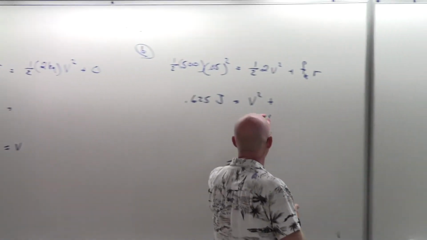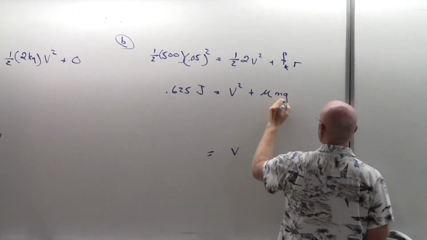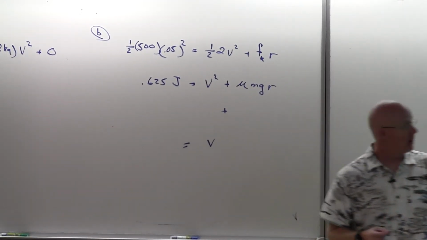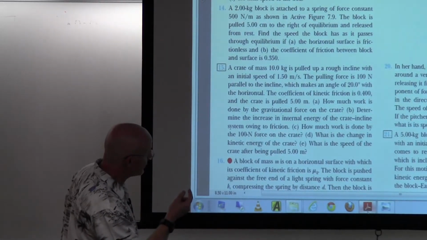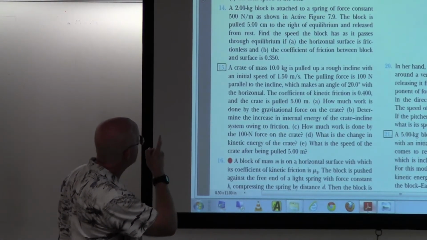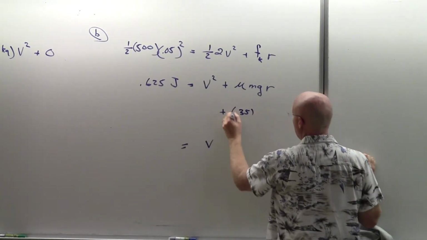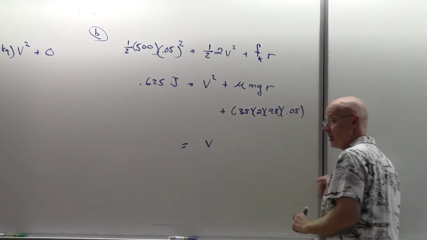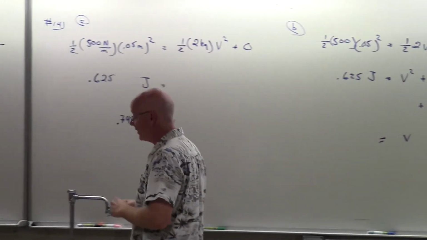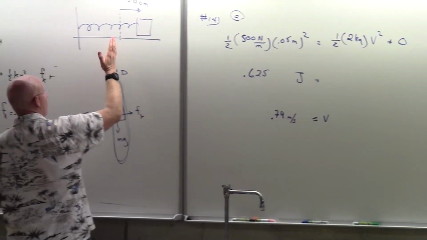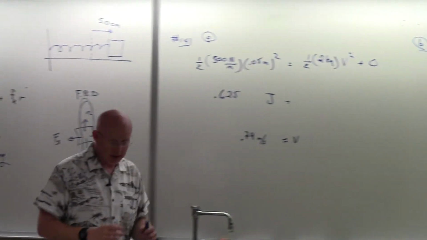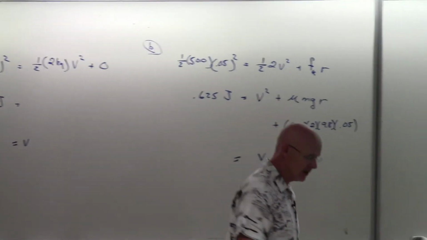So coming over to here, I would have coefficient of friction times mg times distance traveled. And now I can begin to put in those numbers. They give me the numbers. What is the coefficient of friction for this one? 0.35. So this is 0.35. The mass is the 2 kilograms. G is the 9.8. Watch your distance traveled again. If it's going to move from here over to here, that is the 5 centimeters. So I will make sure I put it in my little formula here in terms of meters.